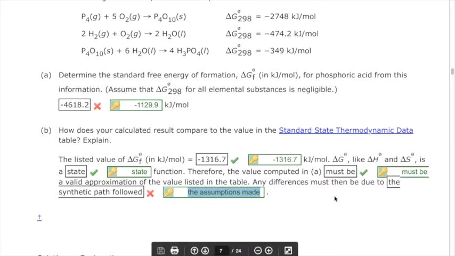So the whole thing here is weirdly reinforcing that state functions do not depend on the path taken. So you can't say that any differences would have been due to the synthetic path followed, because state functions do not depend on the path. That's a pretty weird question.